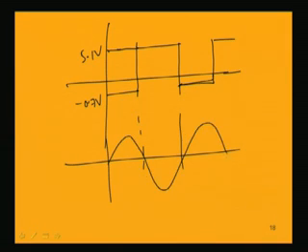So, it is an inverting comparator. When the input is positive, we get minus 0.7 volt. When it is negative, we get a positive 5.1 volt. So, the overall output voltage is like this.